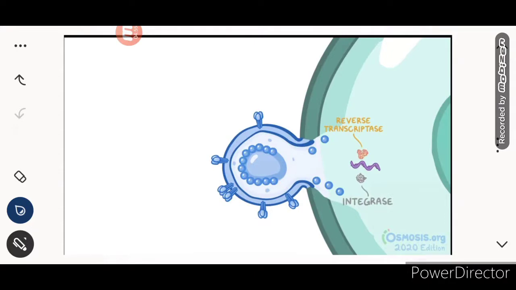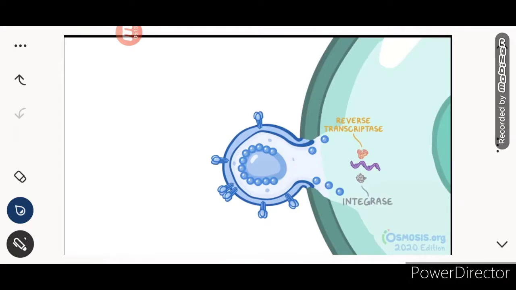Okay, so what happens, the viral RNA is incorporated inside this cell. Okay, and once it is inside the cell, it releases the reverse transcriptase and the integrase enzymes. Okay, so once they are released into the host cell cytoplasm, they start their process.